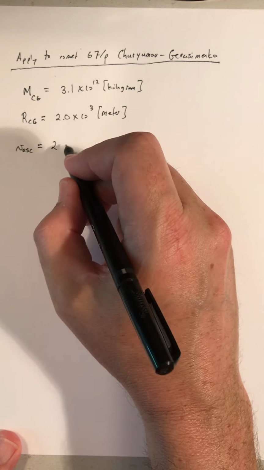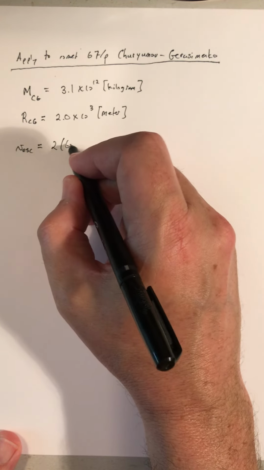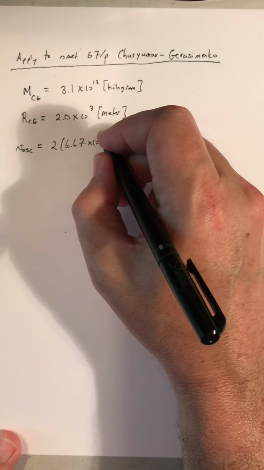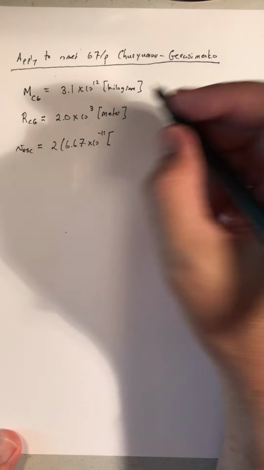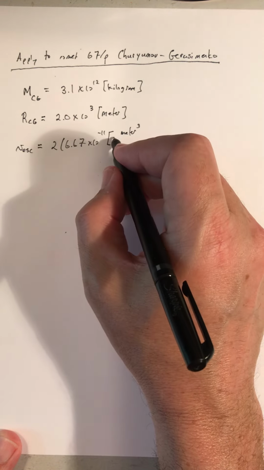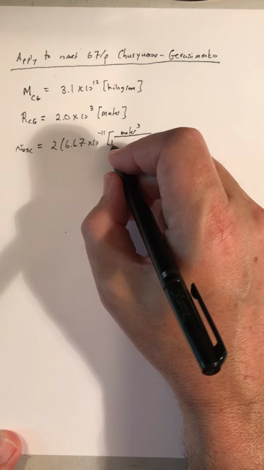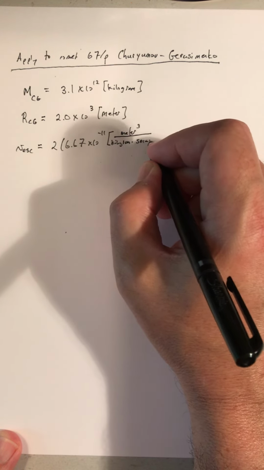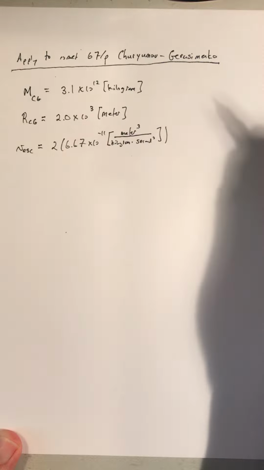So escape speed is the square root of 2 times G. G does not change, 6.67 times 10 to the minus 11 meters cubed over kilogram second squared.